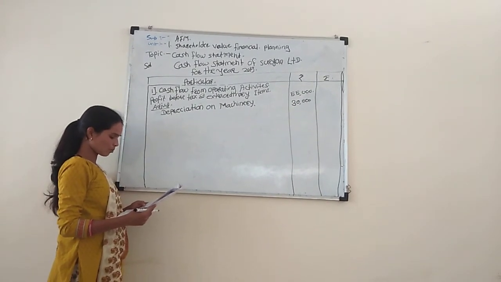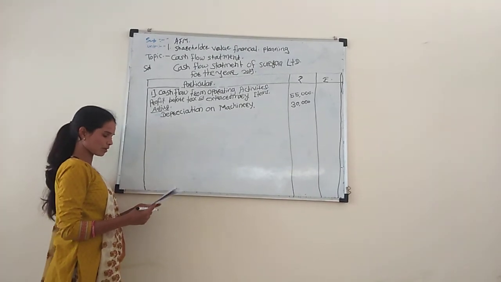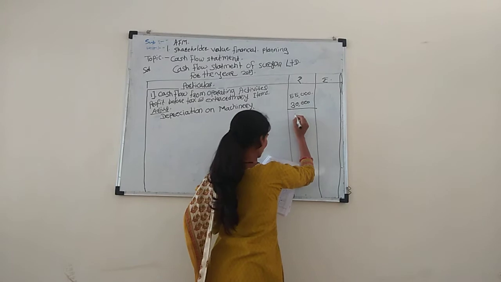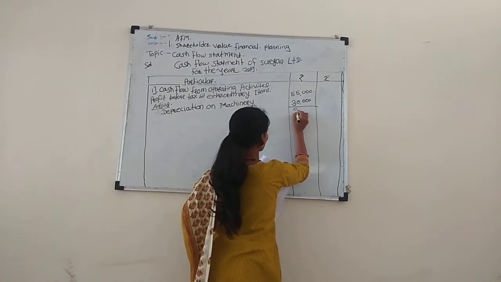Next, operating profit before working capital. Show the total: 85,000.